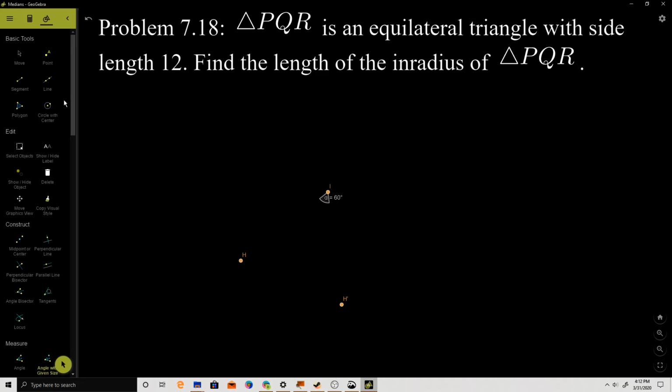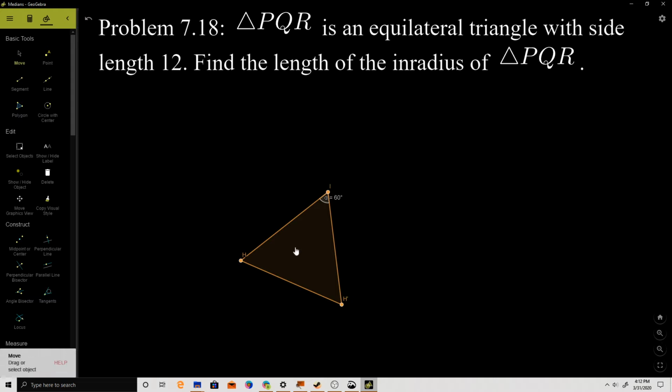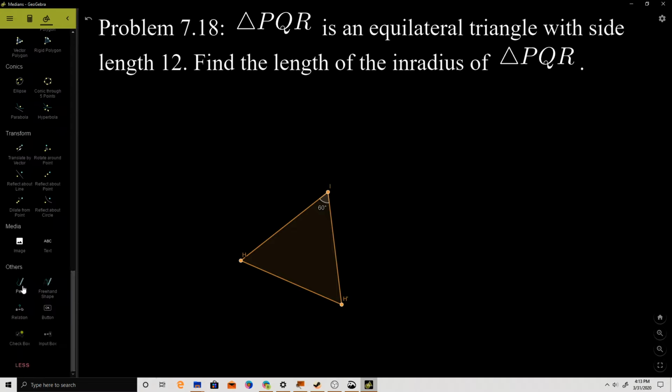It actually gives you some points that you can work with to make a perfect equilateral triangle immediately, because, of course, all the angles must be 60 degrees. So we have an equilateral triangle, and I know that the side lengths are 12.